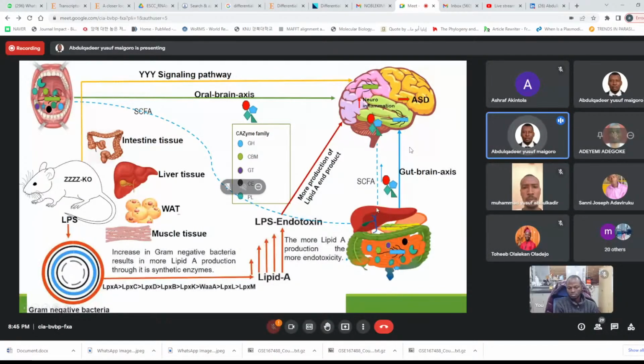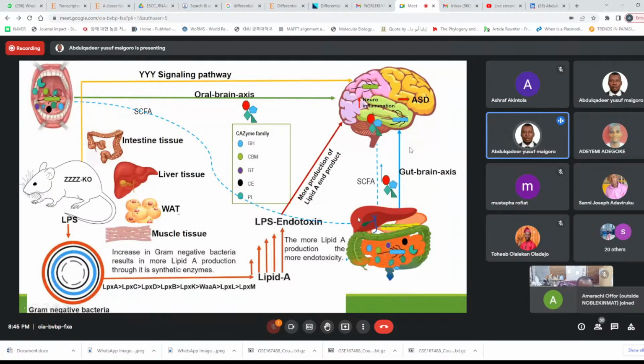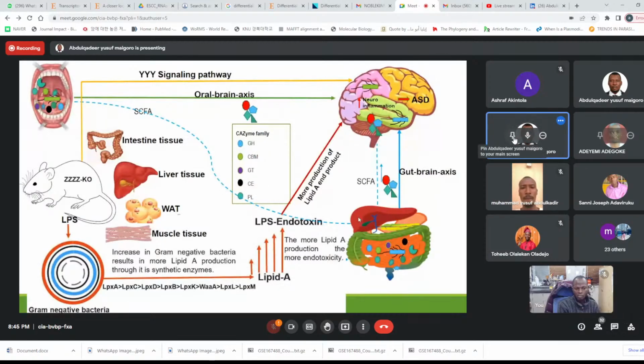Also, on the other hand, we talk about the food, which is usually rich in carbohydrates. There are some microbes that like carbohydrate-rich food, and therefore they easily degrade those carbohydrates based on their enzyme content.